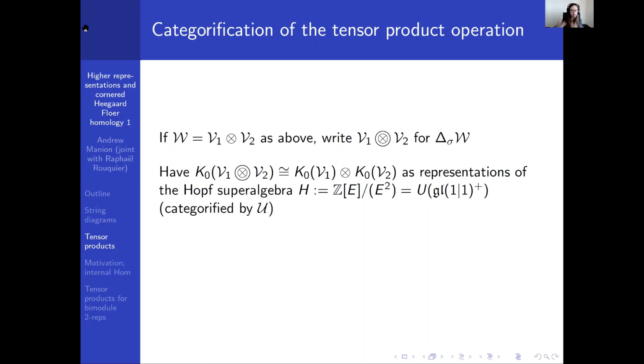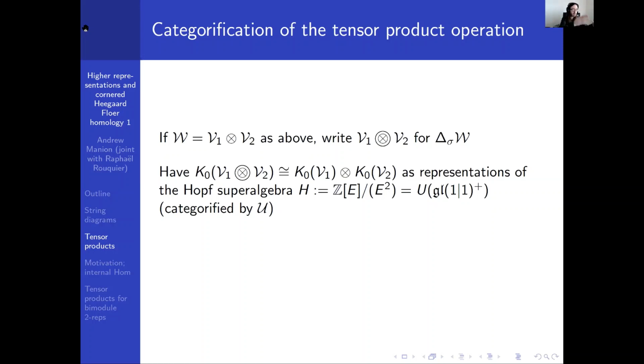It's the enveloping algebra of the positive half of GL(1|1). That's a Hopf superalgebra. You do need the super signs in order to get things to work, but that's how it works. And you can thus take tensor products of representations, and that will be another representation.